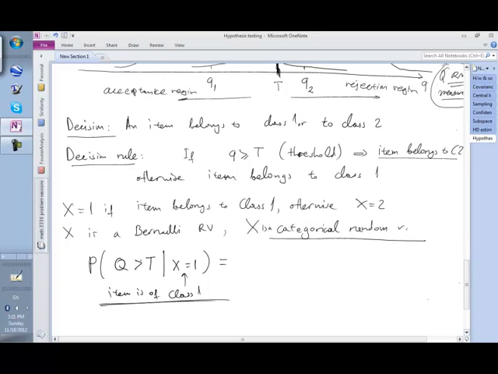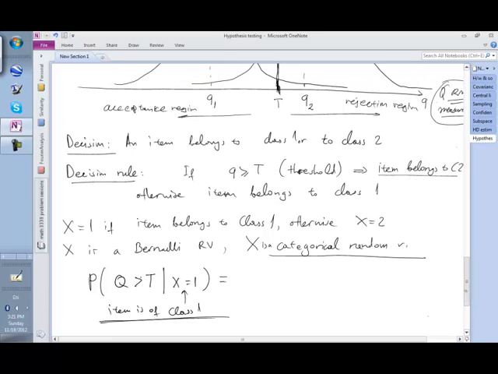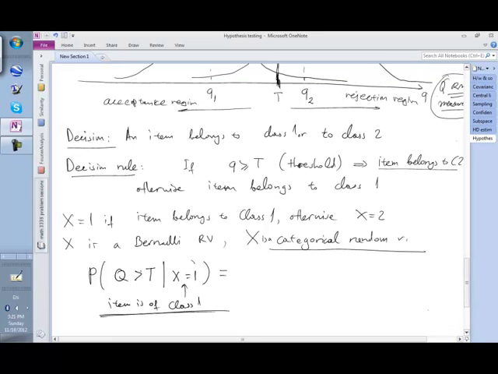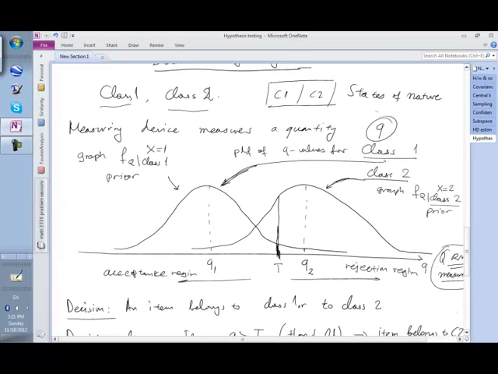That's essentially the significance. And I will tell you exactly what the significance is. Let's look at this probability. The condition is X is equal to 1. But if we look here at our graph, the first, the left of the two curves, is the one that actually corresponds to the graph of the PDF of the values of Q, of the measurement, when X is equal to 1.